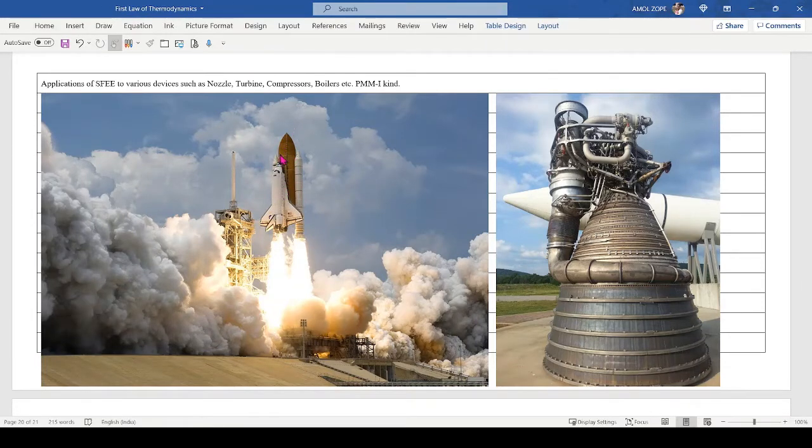Basically what happens in the rocket is, say, a fuel, say hydrogen, mixes with oxygen at a chamber downside here, and then their combustion reaction will produce heat.